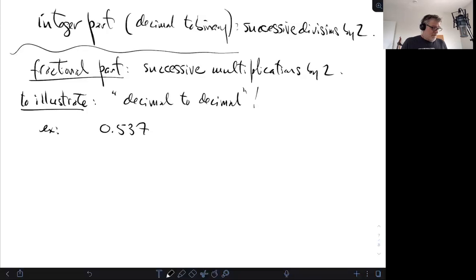I'm going to keep a window on the integer part of that number. First it's 0 because I'm looking at only a number less than 1. If I multiply it by 10, I'm going to shift that point. So if I multiply this by 10, I get 5.37. If you look at the integer part of this new number, that's your first digit.